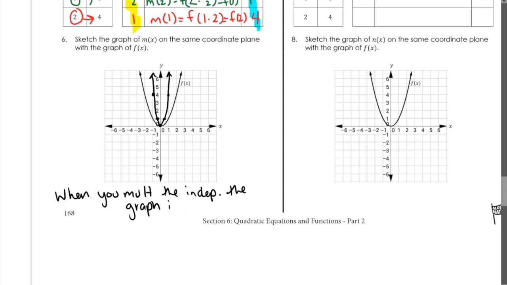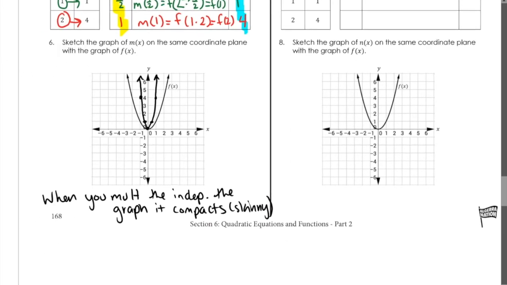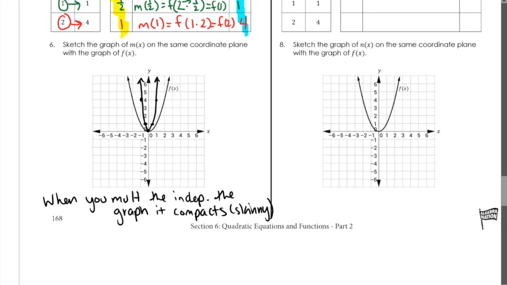It compacts, meaning it gets skinny. All right. Okay, so when I graph those, I will get a skinnier graph. When I multiply by a larger number, your graph gets skinnier.